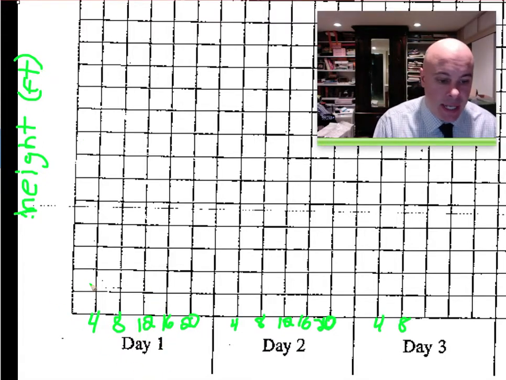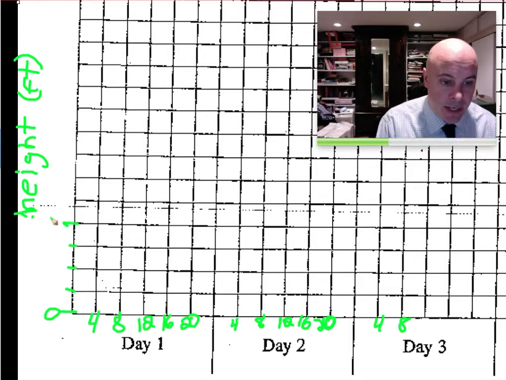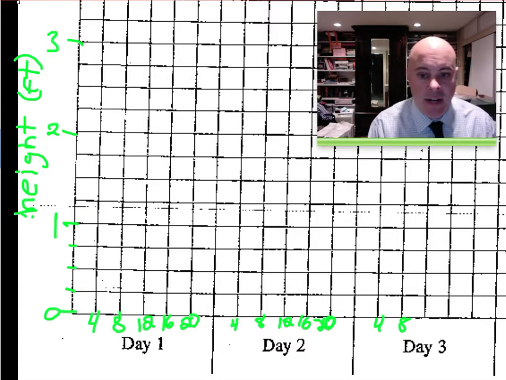The way we did this in class is we went 0, and then we went up by ones, but every 4 boxes. 1, 2, 3, 4. 1, 2, 3, 4. All the way up to 5.